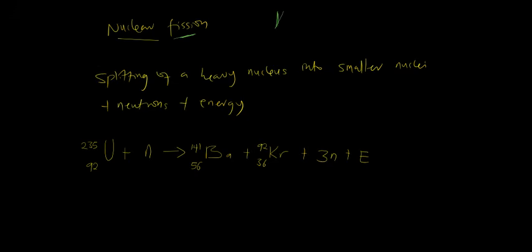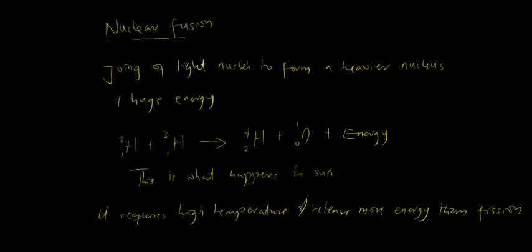It is a splitting of a heavy nucleus into smaller nuclei with the release of neutrons and energy, or with the release of radiation and energy. This is fission. It is one nucleus, like uranium here, which is broken into two smaller nuclei. So a large nucleus breaks and gives smaller nuclei, and that is nuclear fission. I want to be quick because I don't have much time.